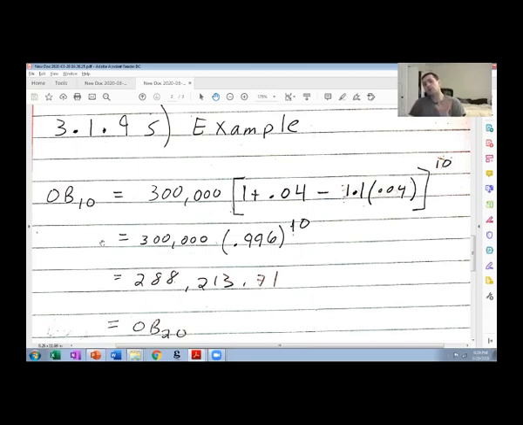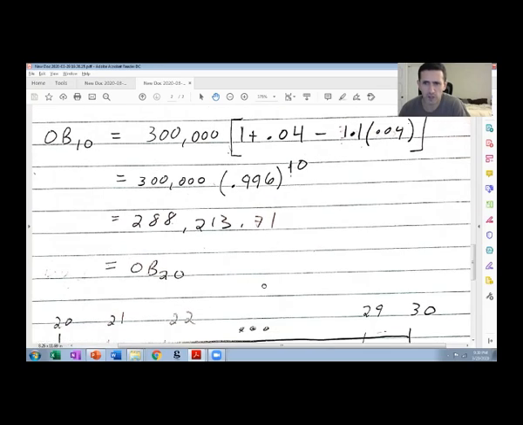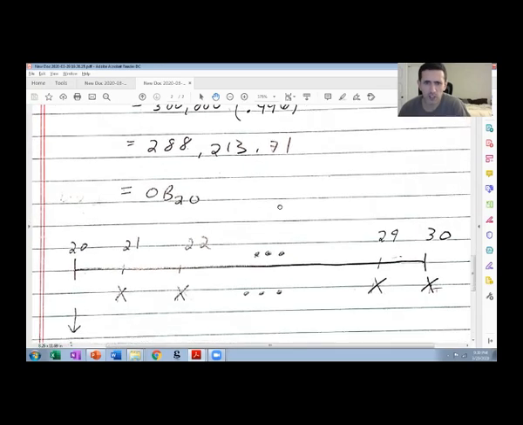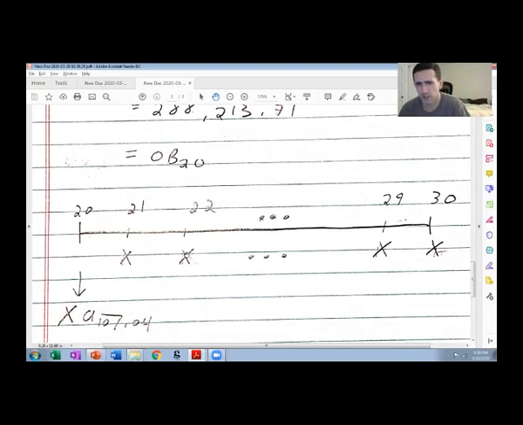So now we're going to implicitly reset the loan and think that we have a 10-year loan of 288,213.71, which we're paying with equal payments of X. So we have this situation here. The present value of all these payments at 4% interest is X times a angle 10 at 0.04.